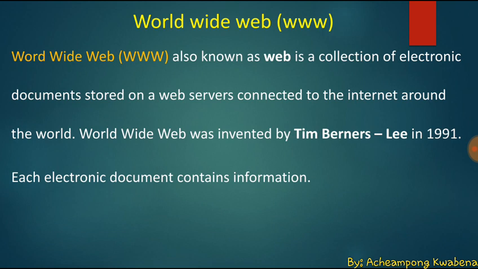Now, the World Wide Web was invented by Tim Berners-Lee in 1991. So in 1991, this facility was developed, and each electronic document contains information. As I said earlier, the World Wide Web consists of a collection of electronic documents, and each of these documents contains information.